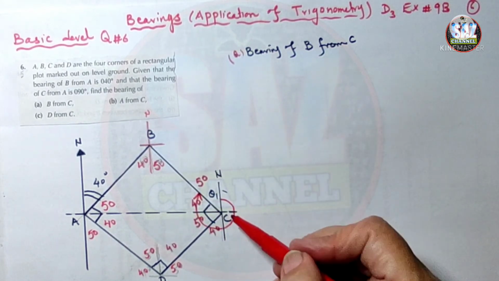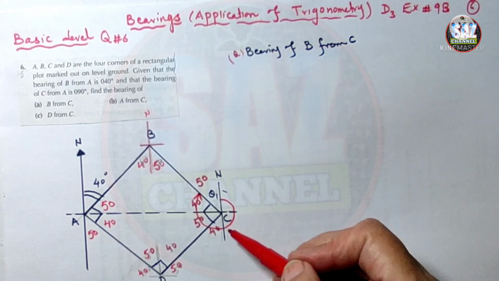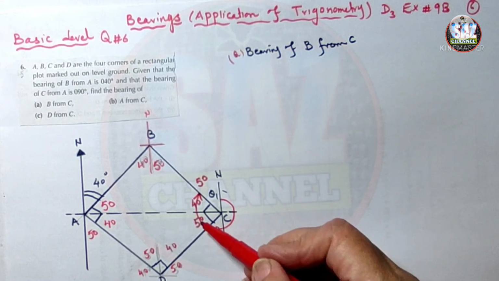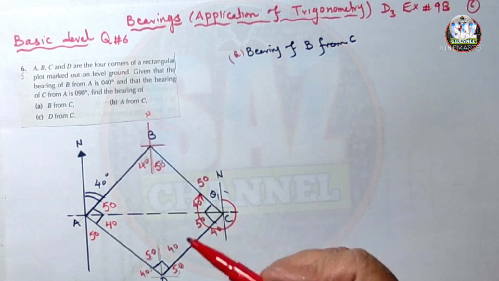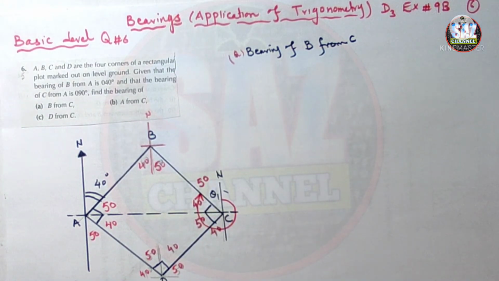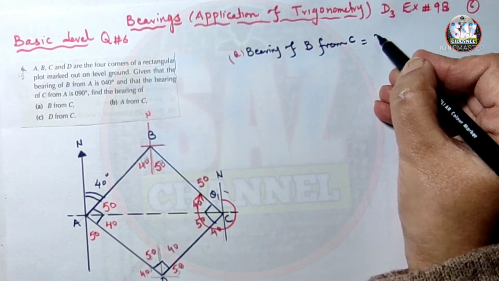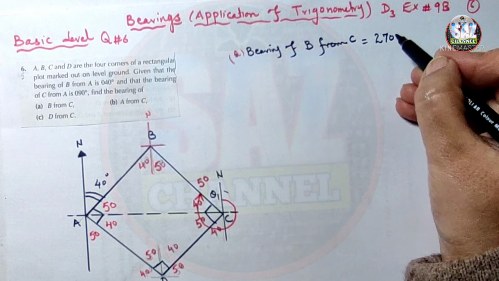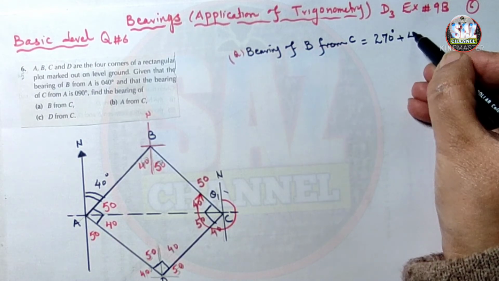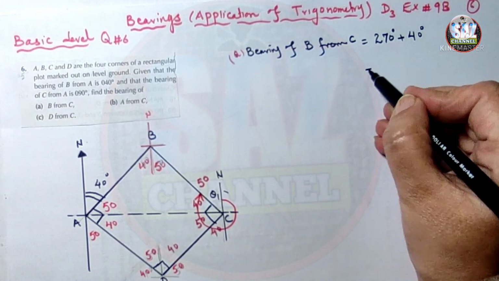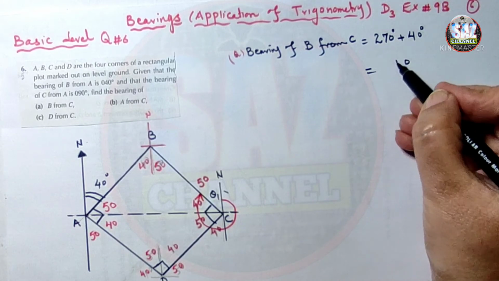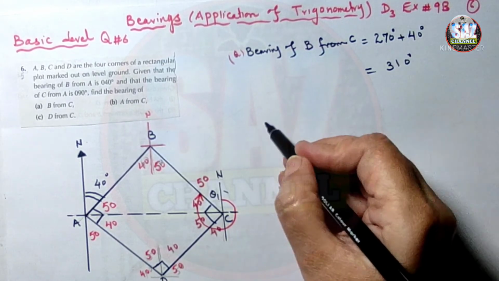Now look, this is the first quadrant complete, this is second, this is third, and 3 quadrants is 270 degrees, plus 40 degrees. So it will become 270 degrees plus 40 degrees, and this will become 310 degrees.